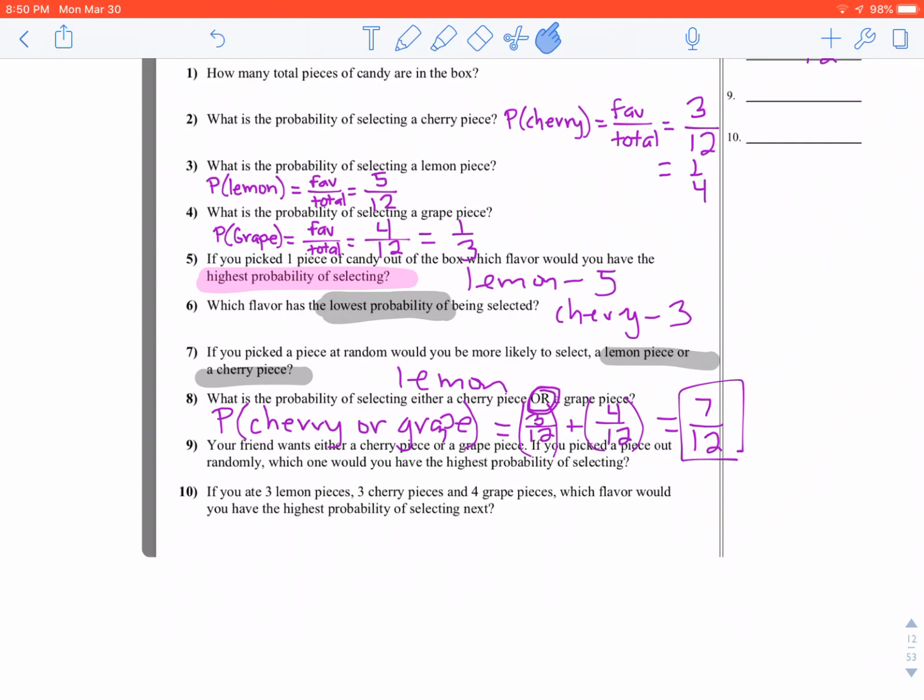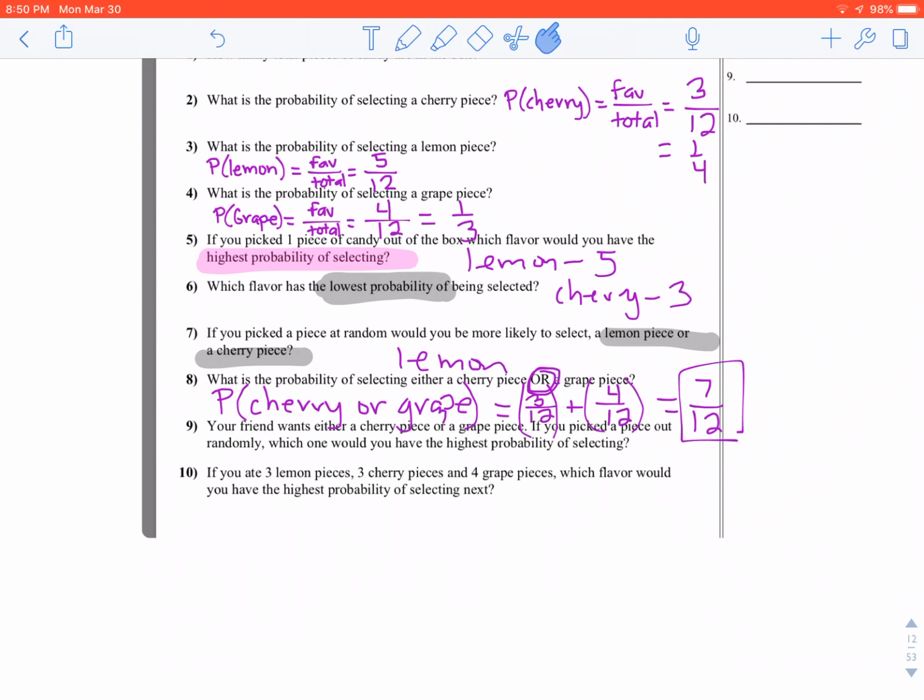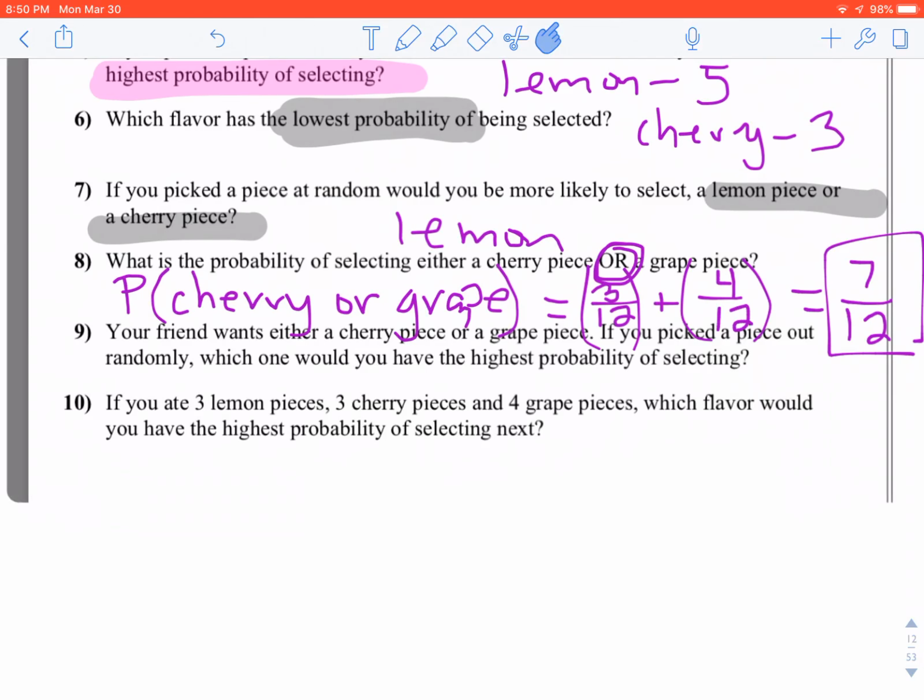Okay, number 9 says your friend wants either a cherry piece or a grape piece. If you pick a piece out randomly, which one has the highest probability of being selected? So again, we're looking for the highest probability between cherry and grape.